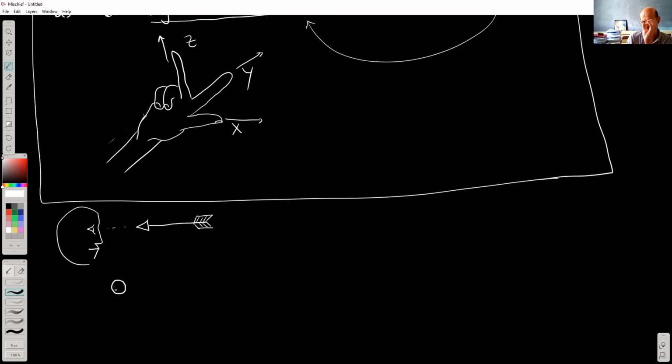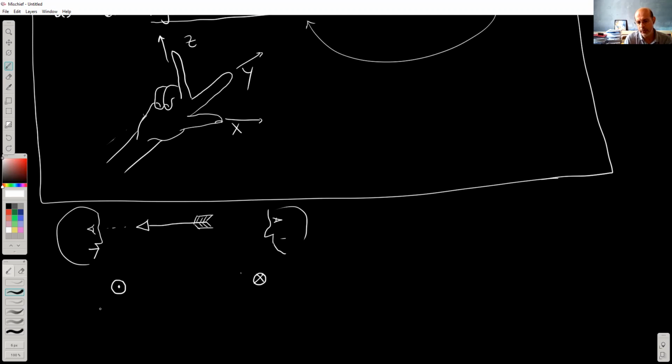You're just going to see its head with its sharp tip. But if you are looking at the arrow from behind, then what you see is this feather part. Some people thought that the feather part basically looks like that.